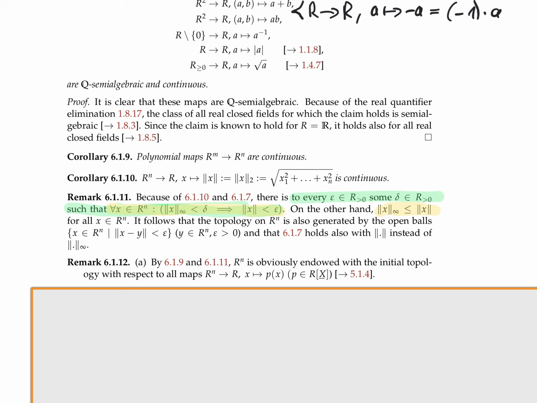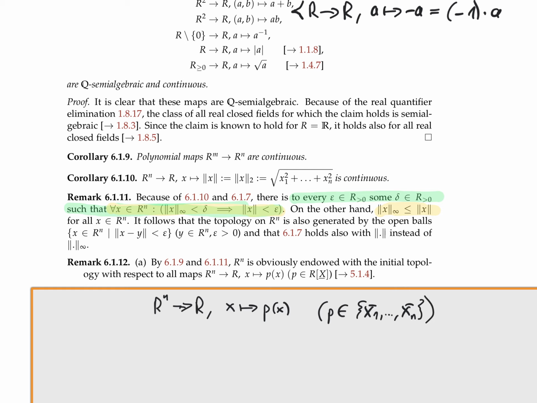It was endowed with a product topology, so it was endowed with the initial topology with respect to maps of this form, or I could write it in this way, where P is one of the variables, because these are exactly the projections, right?